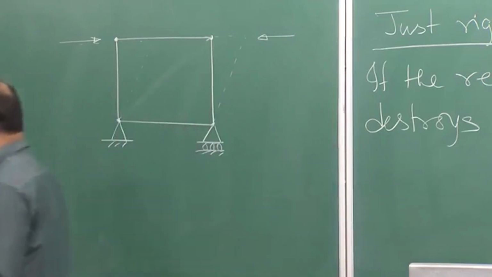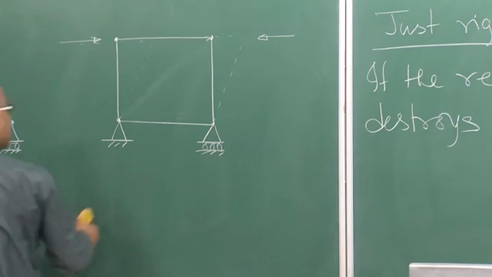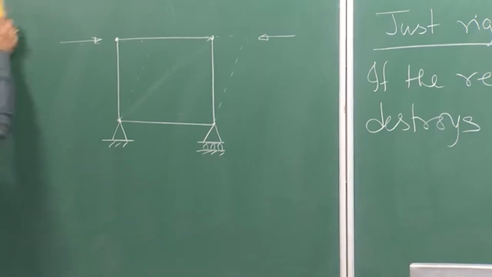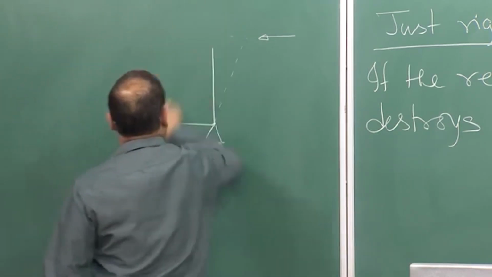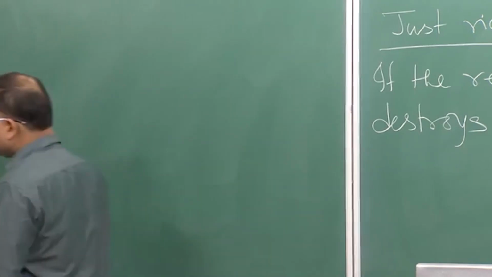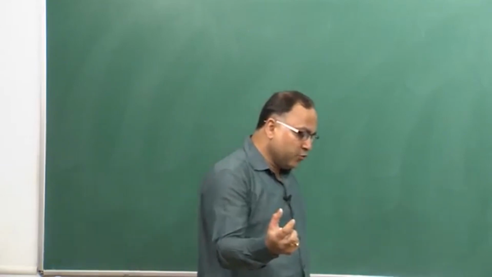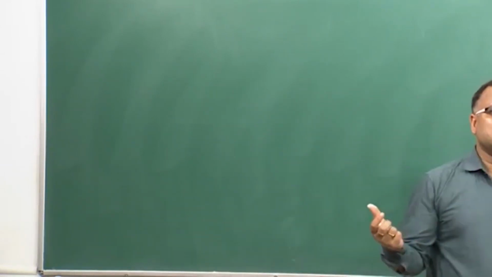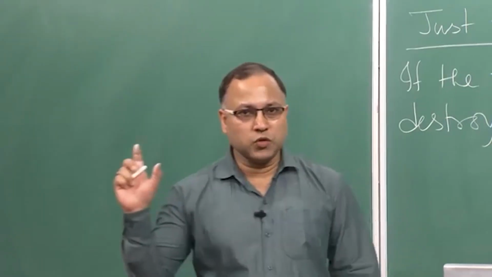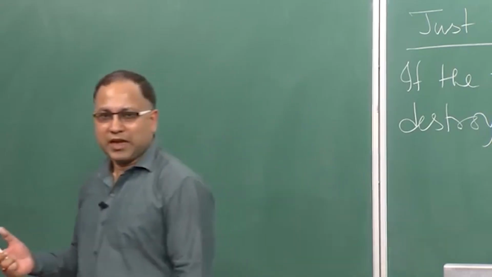That structure was a just rigid structure, and after removal, your rigidity gets disturbed. Similarly, we will be having another kind. It is not necessary that all the time you will be getting a just rigid structure, where if you remove one member, immediately the system goes to instability. Most of the time it is not the case.